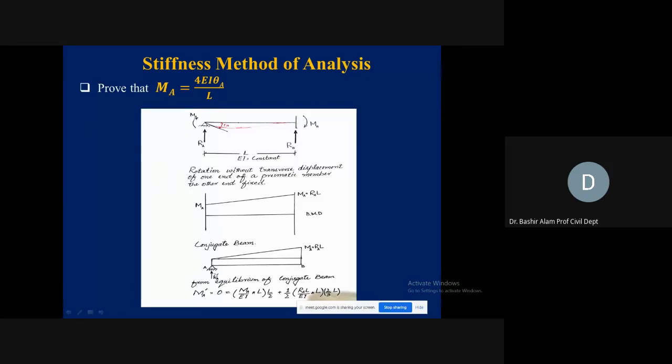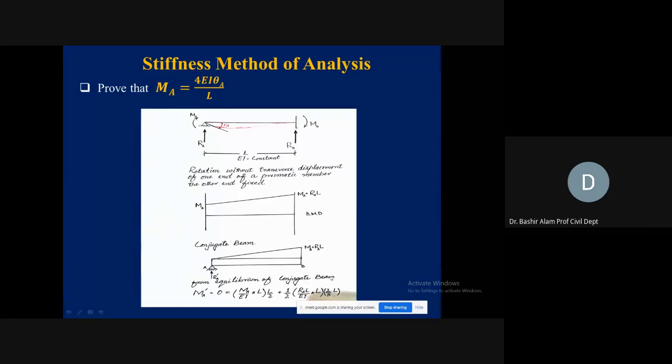The shear in the conjugate beam is the slope in the actual structure. And if we find the moment at a section, that will give you the translation in the actual structure at that particular point.